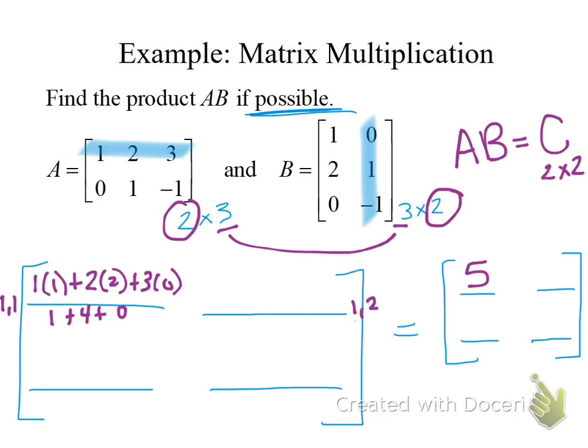So I will multiply 1 times 0 because they're the first ones, and then add 2 times 1 because they're the second ones, and then add 3 times negative 1 because they're the third ones. So that's going to be 0 plus 2 minus 3. So that gives me negative 1.